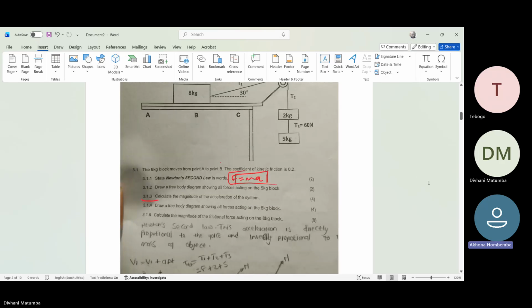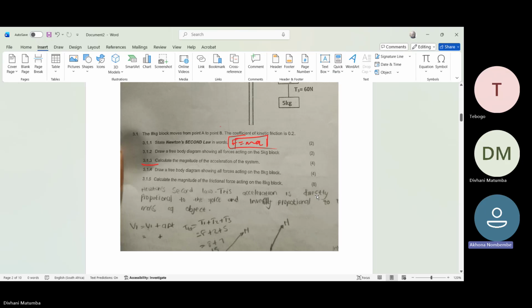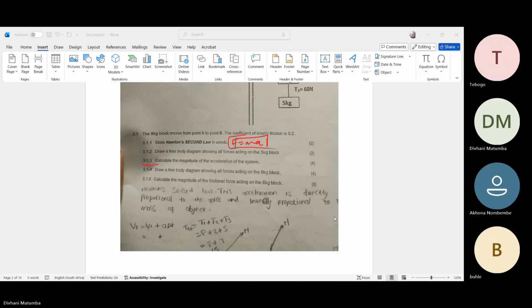For the final answer, we were doing 3.1.3, but we're now going to do corrections for it.